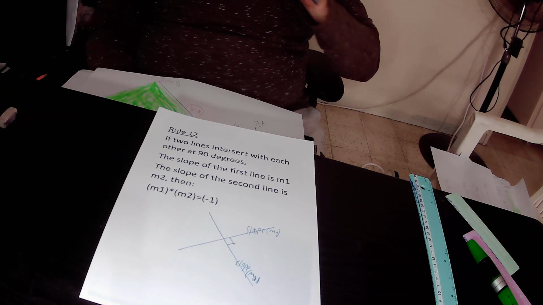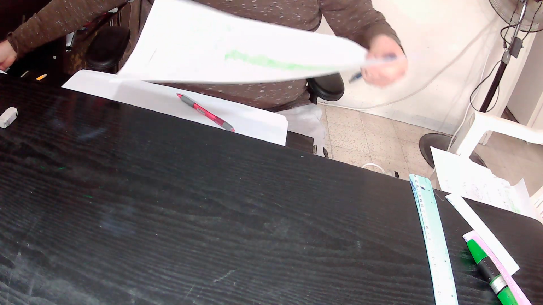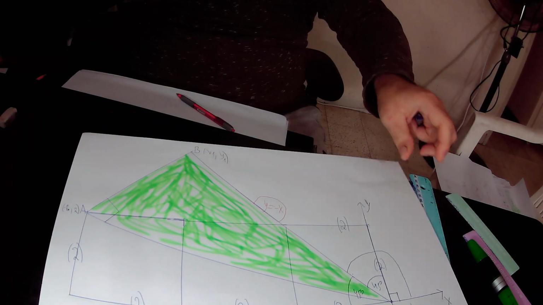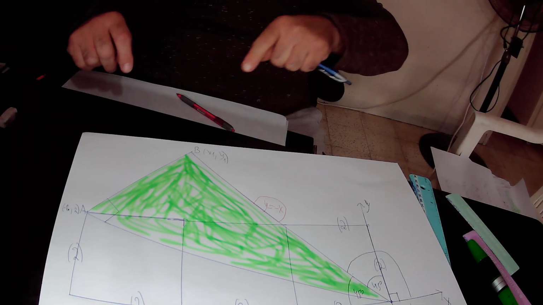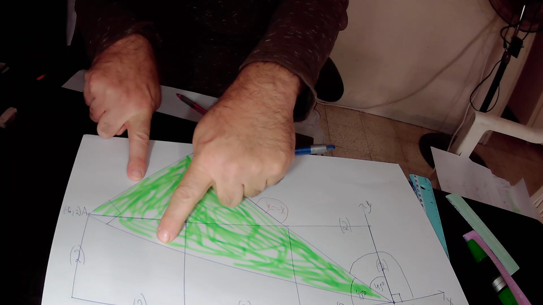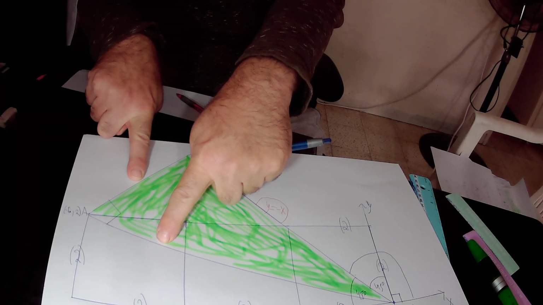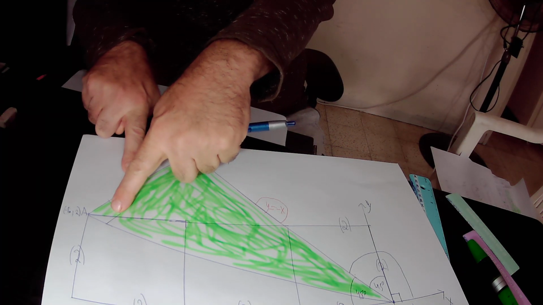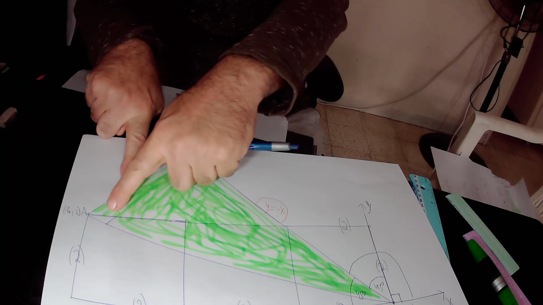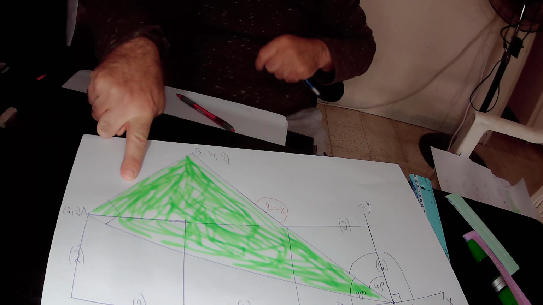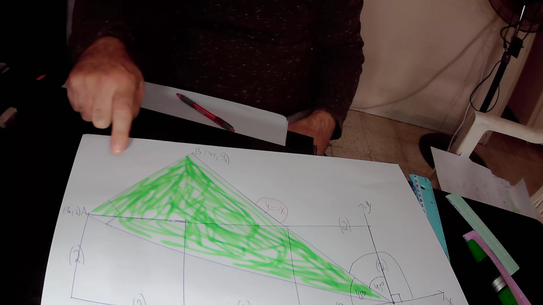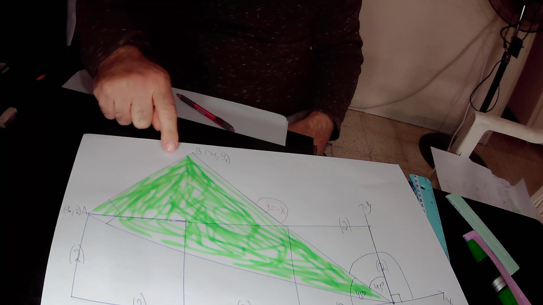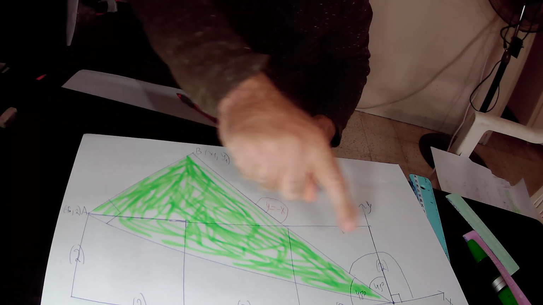So we can implement rule 12 in our drawing. In our drawing, those two lines are perpendicular to each other. They create between them an angle of 90 degrees. That is to say, the straight line AB is perpendicular to the straight line AO.